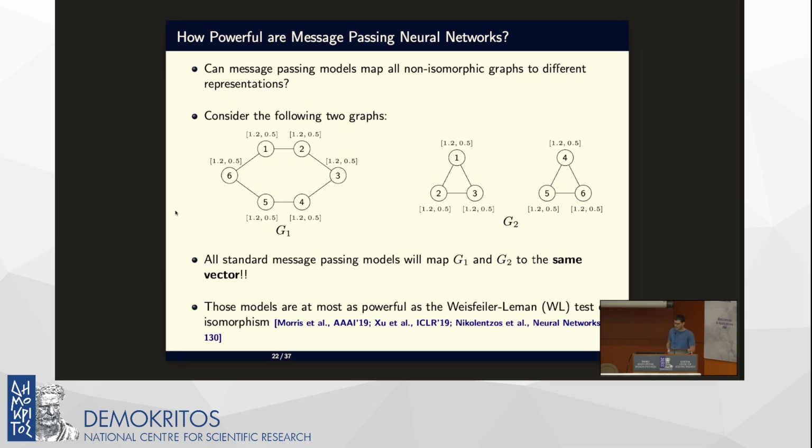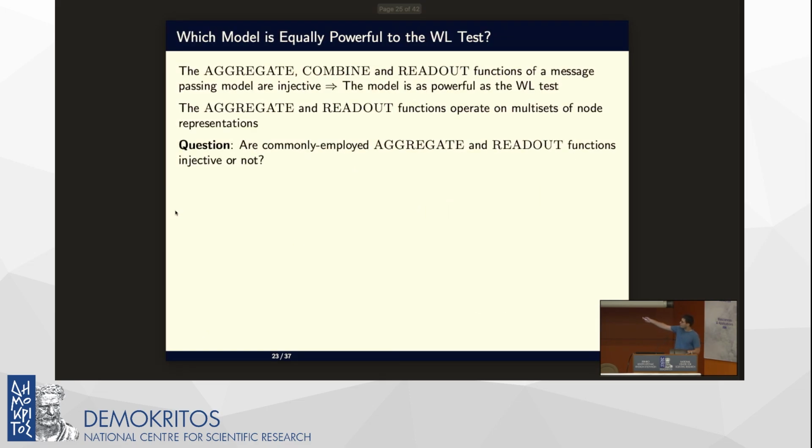So message passing models, the simple message passing models, can be at most as powerful as the Weisfeiler-Lehman test. And in fact, we can build some model which can achieve this expressive power if those three functions, aggregate, combine, and readout, are all injective.